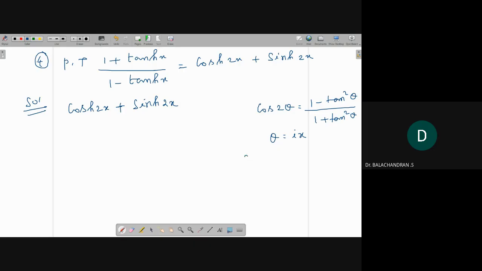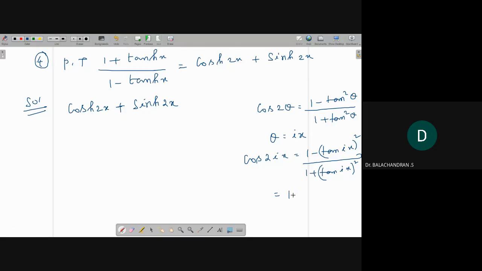Replace: cos 2ix equal to 1 minus tan ix whole square divided by 1 plus tan ix whole square. So don't depend too much on me. If you depend too much on me, it is difficult. So you need to try something.